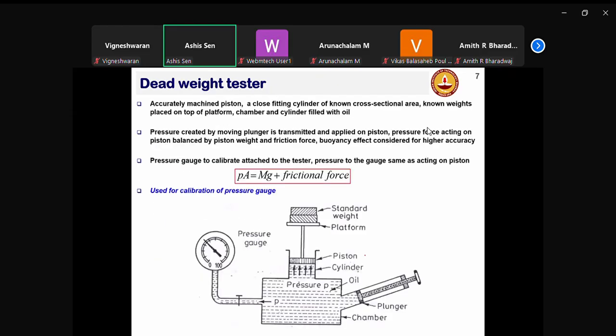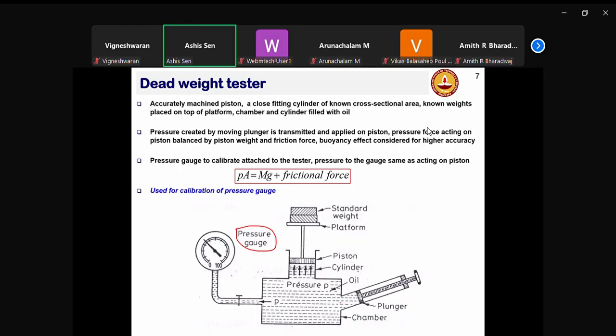Okay. So now the first thing is the deadweight tester. Deadweight tester is typically used for calibrating pressure gauge. Okay, let's say you have a pressure gauge here, which you want to calibrate. So what you do typically is you have an arrangement which looks something like this. So you have a piston, cylinder, and the chamber arrangement here. Okay, so this is the chamber.